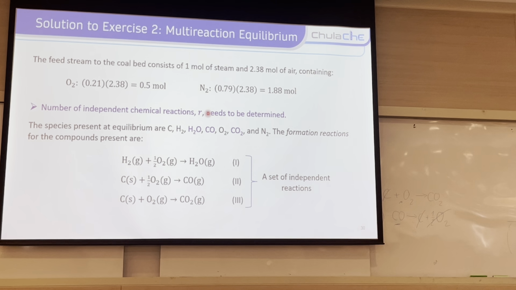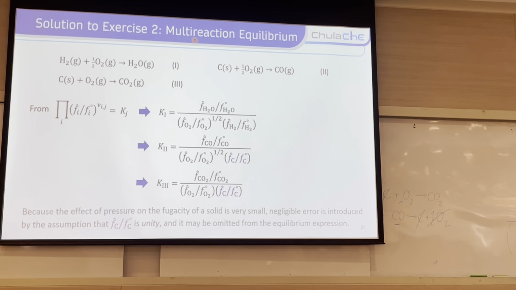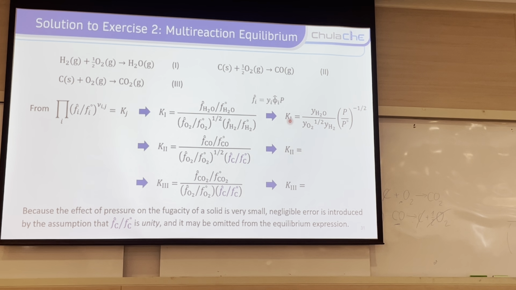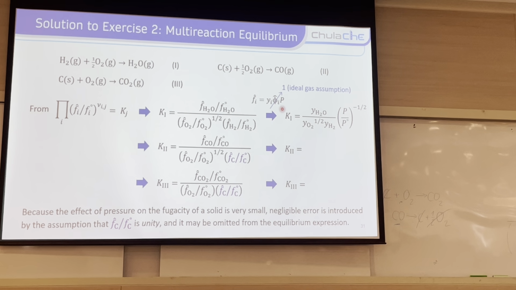And as I said, usually the method of the equilibrium constant is not popular for calculation of multireaction systems, because it is very difficult if you don't use the ideal gas assumption. You have to calculate the fugacity coefficient.